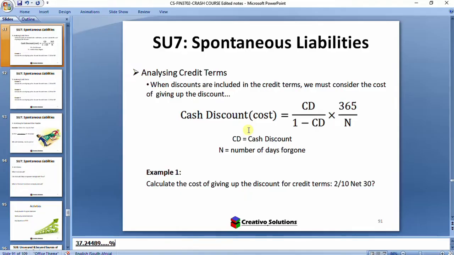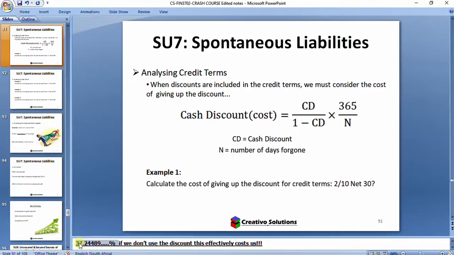Irrespective of which perspective we have, think about what we've calculated. We've calculated the cost of giving up the discount. So if we don't use the discounts, this effectively costs us 37.24%. Make sense? Yes.